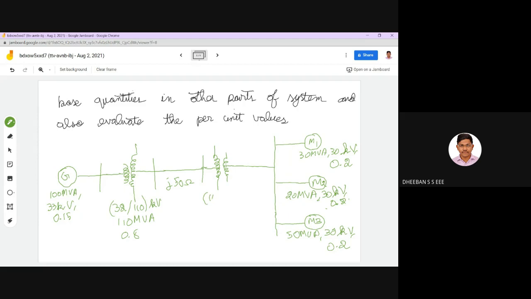It will be 110 kV bar 32 kV. So the rating is the same, 110 MVA, 0.8.